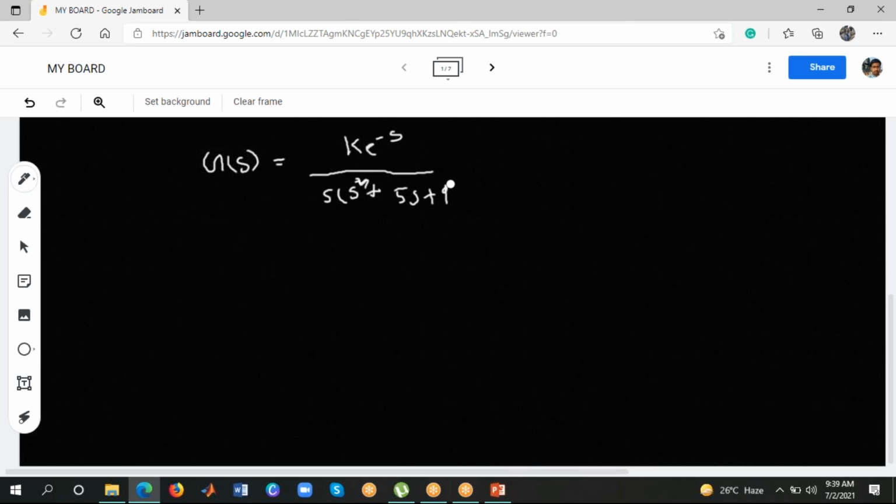So this is the open loop transfer function, and h of s is equals to 1. It is a unity feedback. Now we are going to find the characteristic equation by using this formula 1 plus g of s h of s equals to 0.